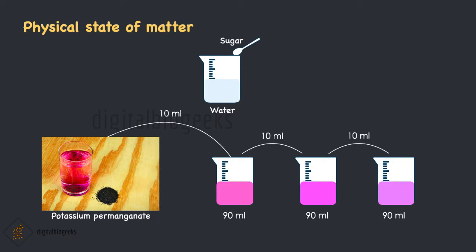From this experiment, we can conclude that 2 to 3 crystals of potassium permanganate contain millions of tiny particles. Due to the presence of these tiny particles, the color of potassium permanganate can be seen after many dilutions. From these two experiments, we understood that matter is made up of particles and particles are very small.